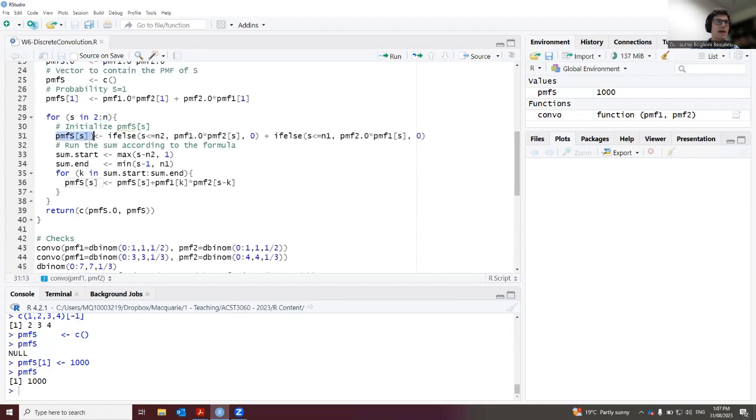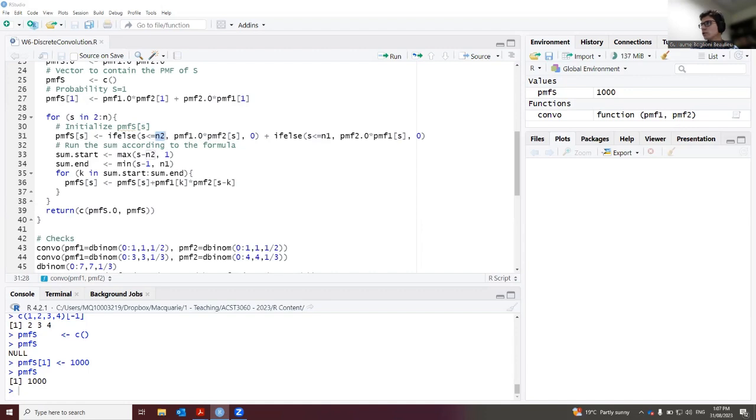Now PMF S, the probability that S takes the specific value S. Here, there's another little complication to explain. If n2 is bigger or equal to S, then I'm dealing with the first term in the summation I had over there.